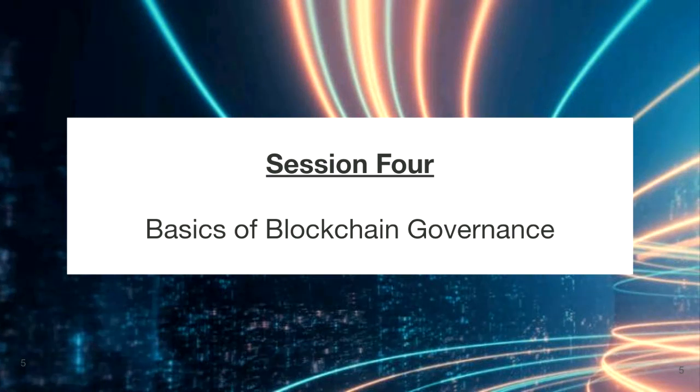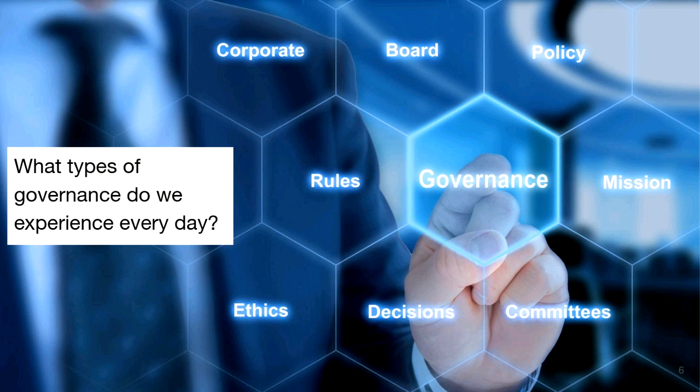Just remember that basic principle of blockchain as we talk about governance in the real world. So let me ask you this: what types of governance do we experience every day? To be clear, when I'm talking about governance here, I'm talking about the process where elements or people in a society wield power, influence or authority, and the policies or decisions they take concerning everyday life, you and me.